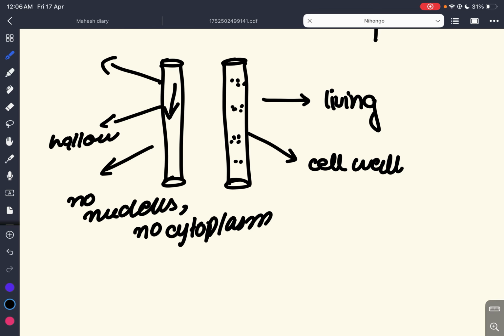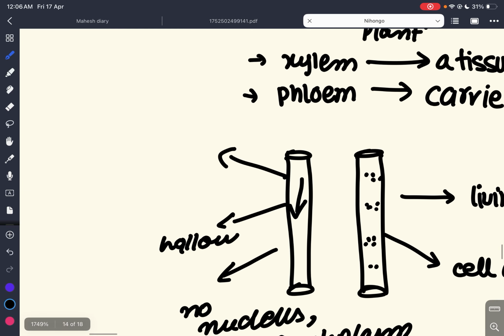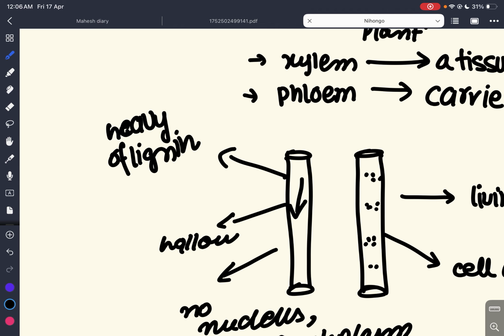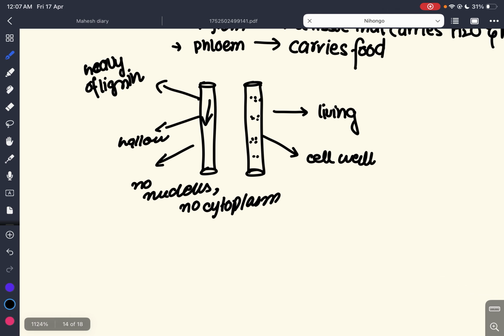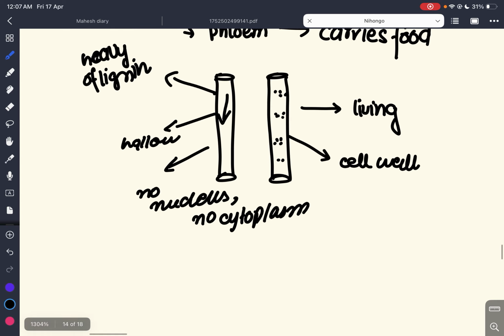The xylem tissue has heavy deposition of lignin. That is the reason it is used for strength, not for any other things. The phloem is not that hard.